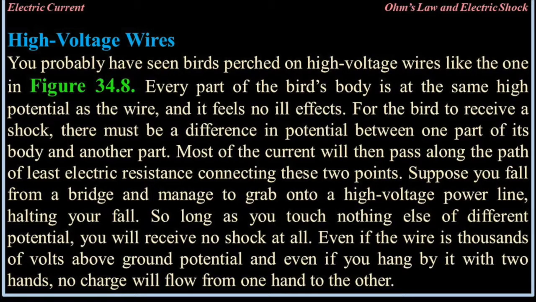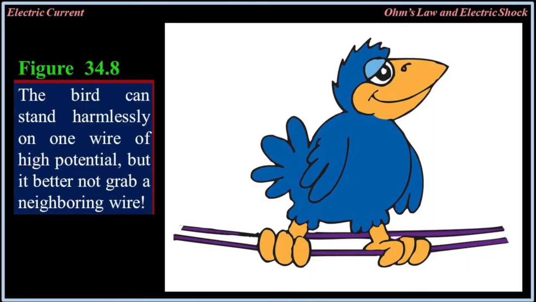Suppose you fall from a bridge and manage to grab onto a high voltage power line, halting your fall. So long as you touch nothing else of different potential, you will receive no shock at all. Even if the wire is thousands of volts above ground potential, and even if you hang by it with two hands, no charge will flow from one hand to the other.